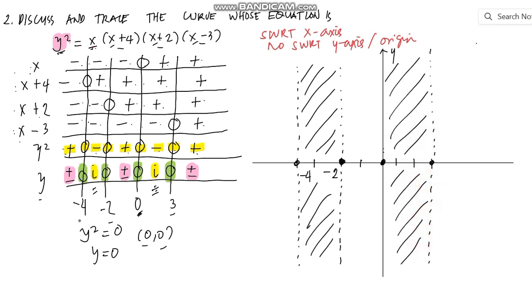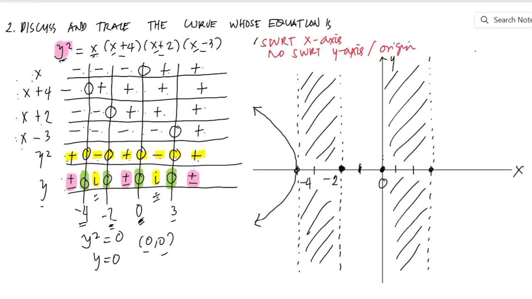And for -4 up to -infinity, we have the positive and negative. So this is only evident since we have a symmetrical curve with respect to the x-axis. So we are expecting that beyond -4, if we have this graph, we also have this graph below. And this is symmetrical with respect to the x-axis.